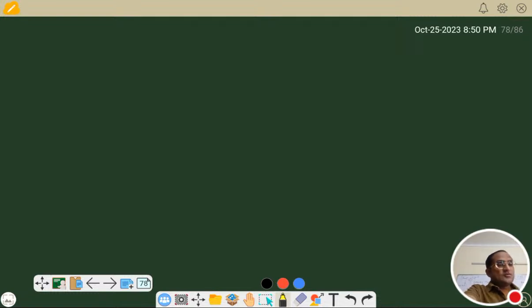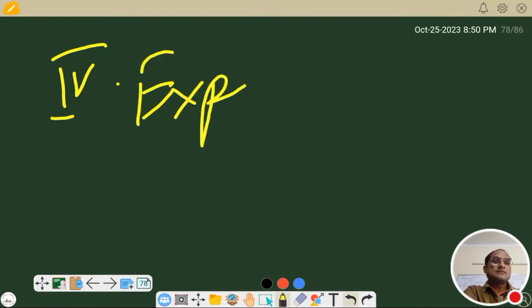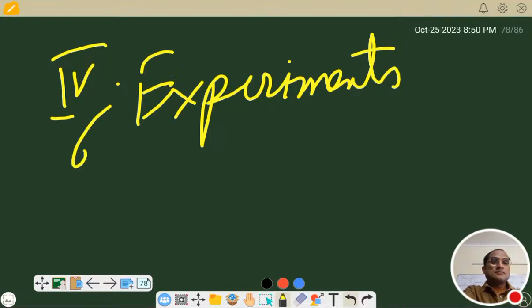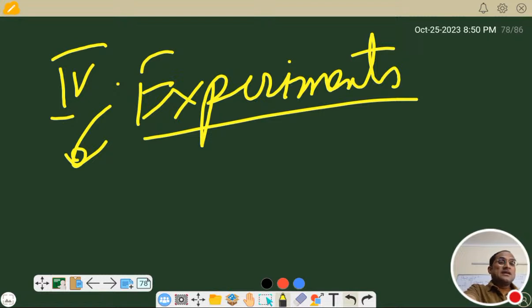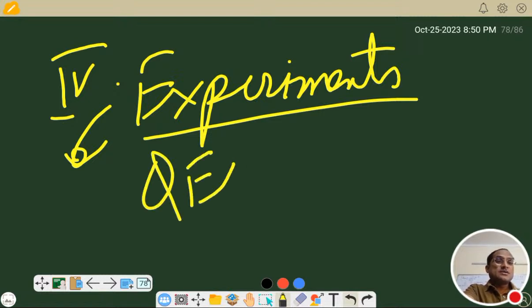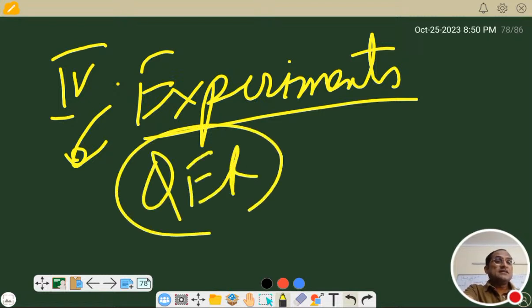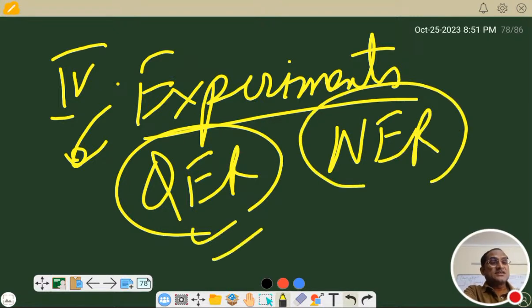Then what are the types of experiments? One is your pure experiments. Then there is QER, quasi-experimental research, which we have seen. Then non-experimental research. In quasi-experimental research, what happens?